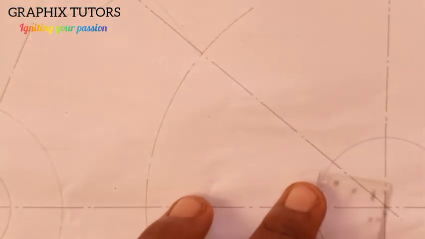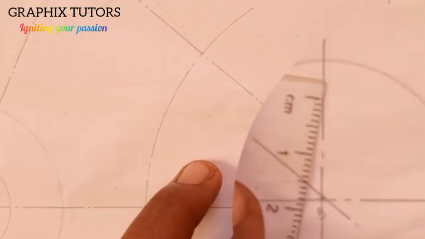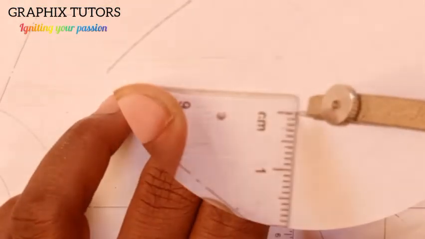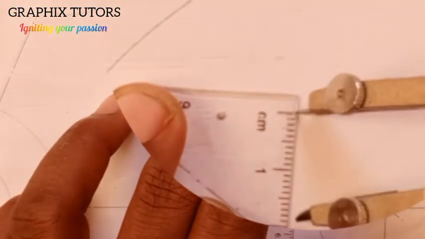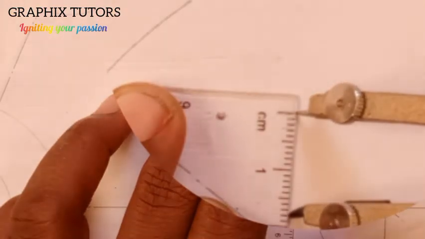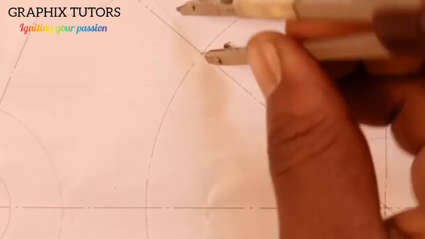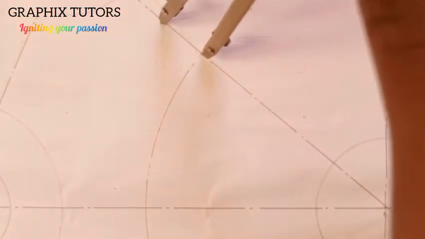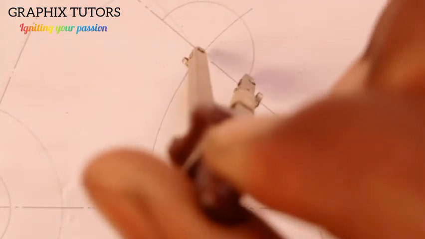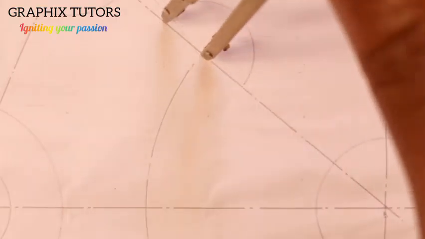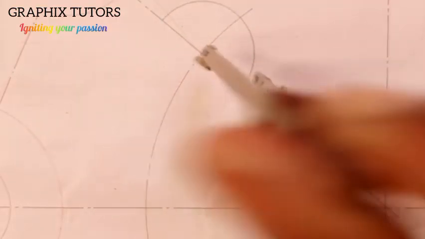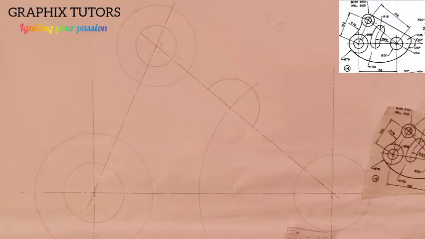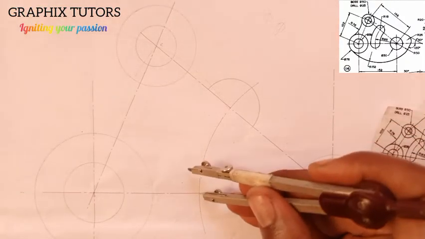This is 10 and this 18 here. And I'll place it at this center point where they meet. I'm going to draw a semicircle like this. I'm going to thicken it. There's my semicircle, right?